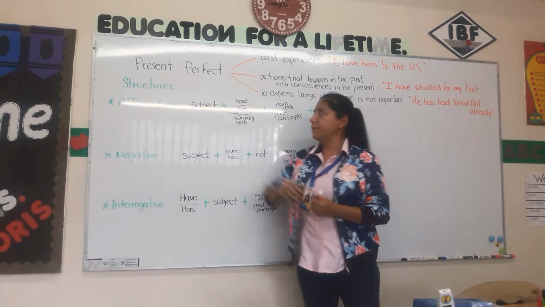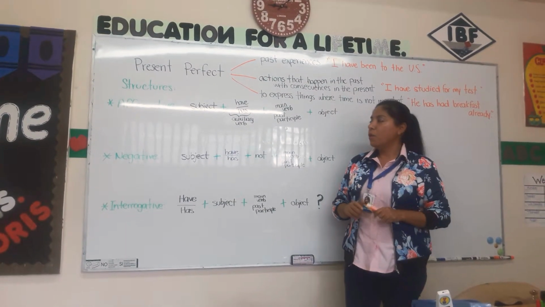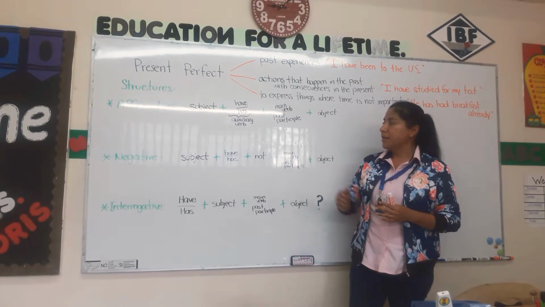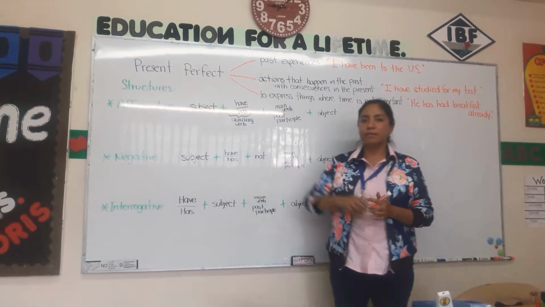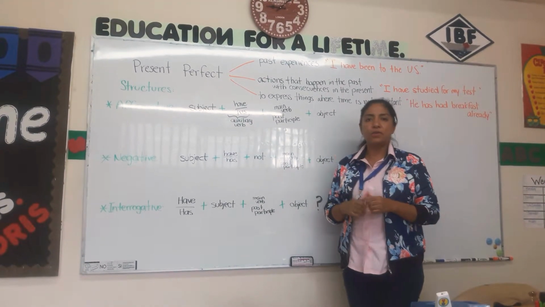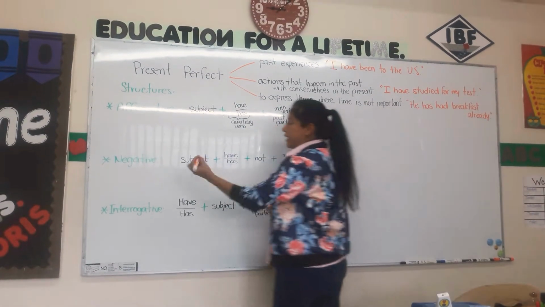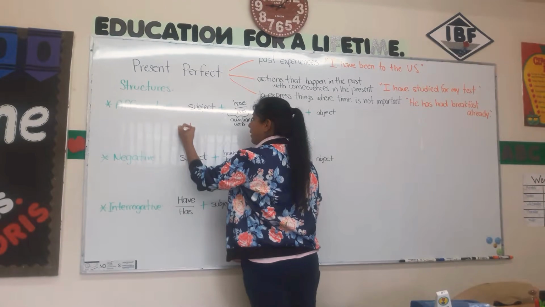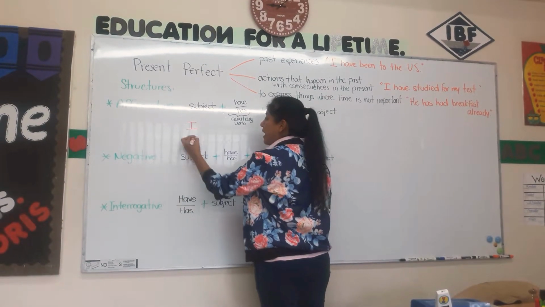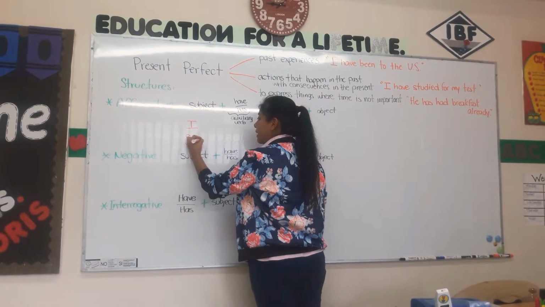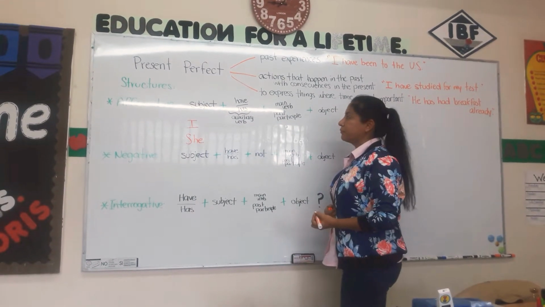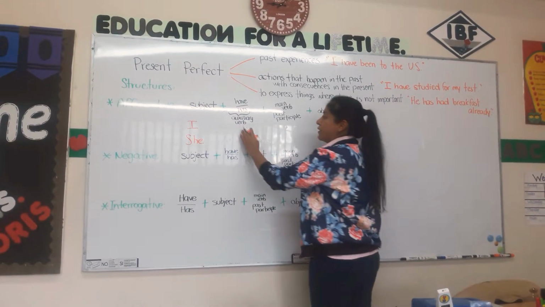Well, the affirmative sentences. We can build sentences with the subject first, and we can, for example, use either a noun or a subject pronoun. In this case, we can use I, and we can use another like she. And then we use an auxiliary verb.